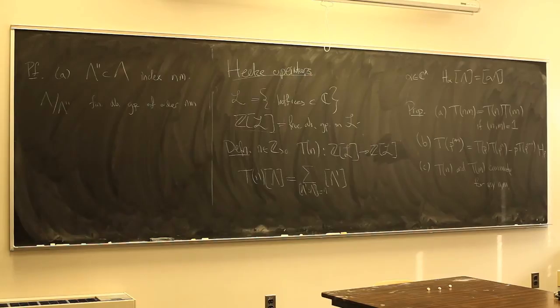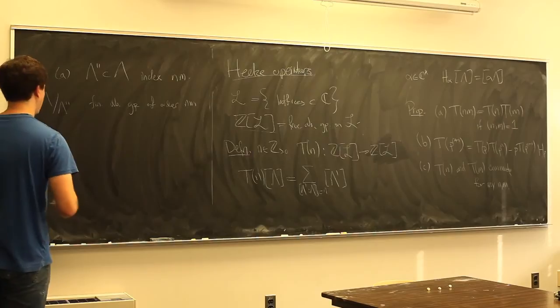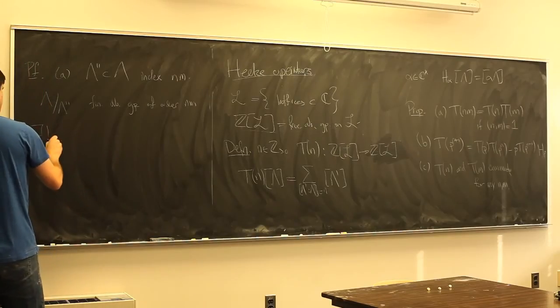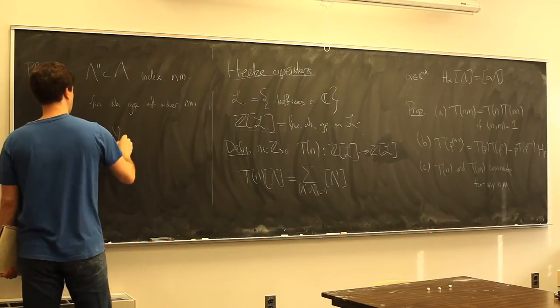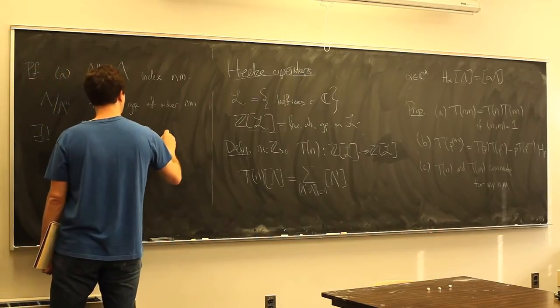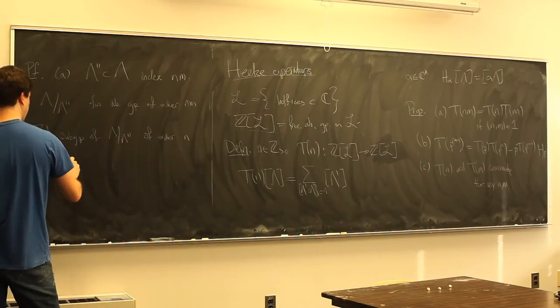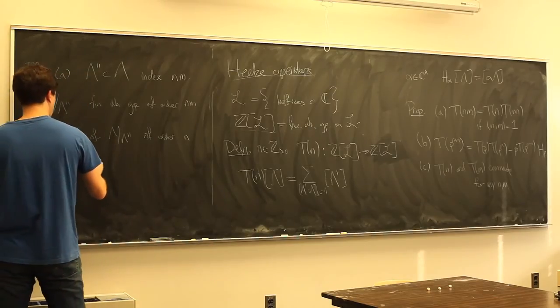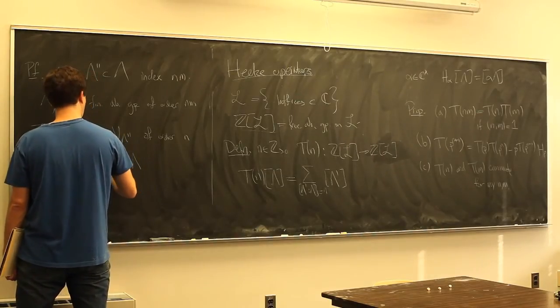By the Chinese remainder theorem, it decomposes uniquely into a group of order m times a group of order n. So there's a unique subgroup of order m. That's the same thing as saying that there exists uniquely a lambda prime that fits in here, where this has index m and this has index n.